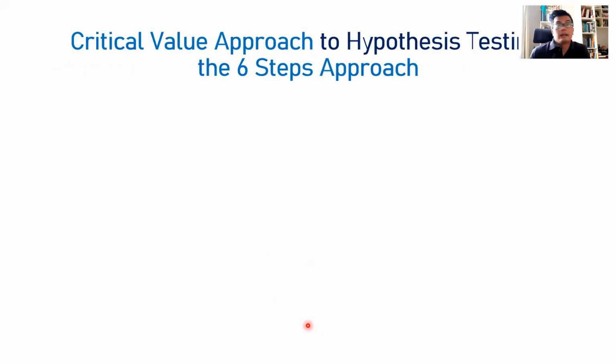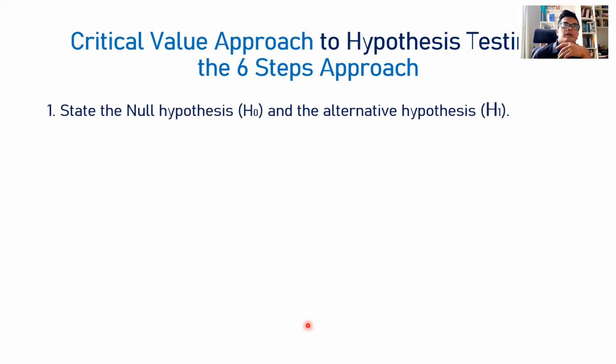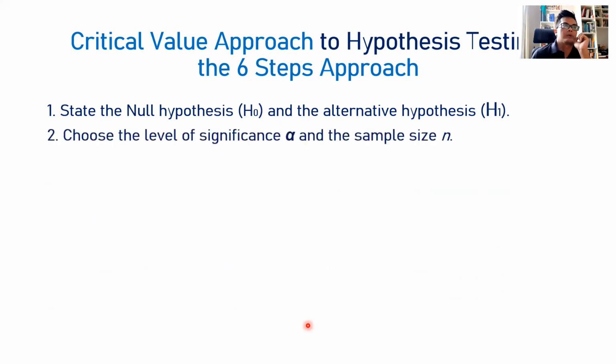Okay, like usual, in order to insert consistency throughout the different cases, we will use the 6 steps of hypothesis testing. First, state the null hypothesis and alternative hypothesis. The second one, choose the level of significance and sample size.